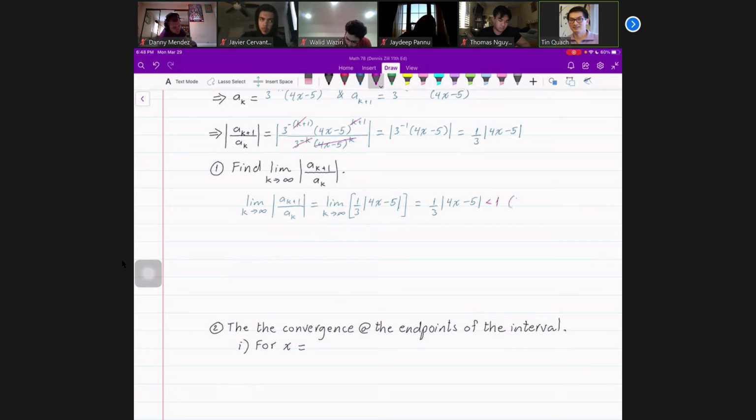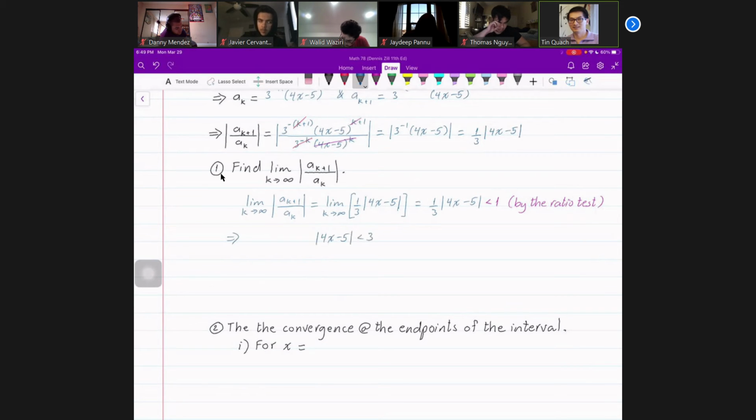Again, by the ratio test, here we can find out what x is. So from here we know that the absolute value of 4x minus 5 is going to be less than 3, right?